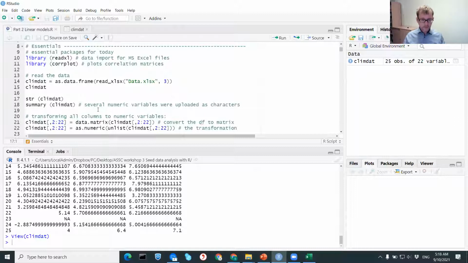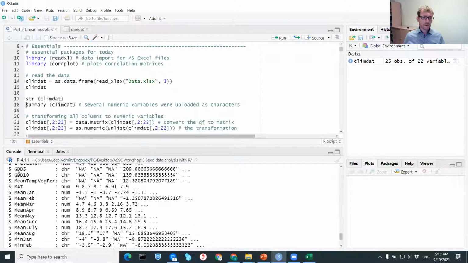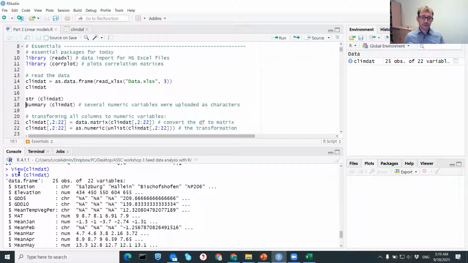Before I start any analysis, I always prefer to take a look at my data. There are these two very basic functions, str for structure. So this is my data set down here.